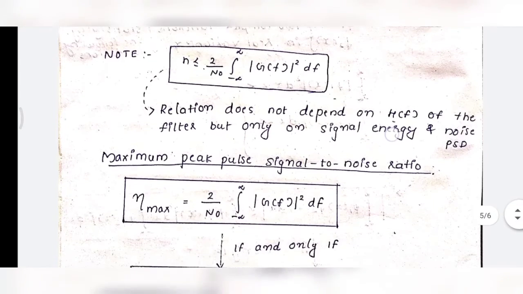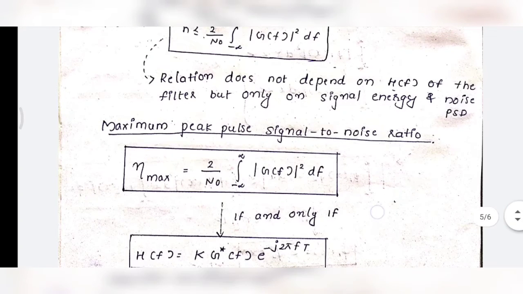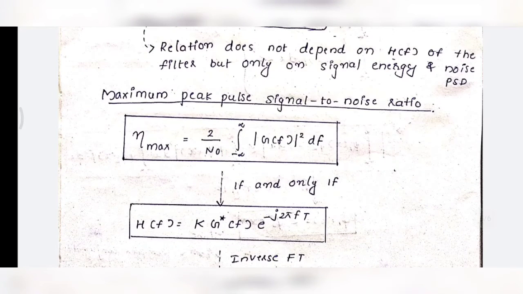From here, we can find the maximum peak pulse signal to noise ratio, that is eta max. So, eta max is equal to 2 by n0 integral minus infinity to infinity modulus of g of f square df. This holds if and only if h of f is equal to k times g star of f e raised to minus j 2 pi f t.